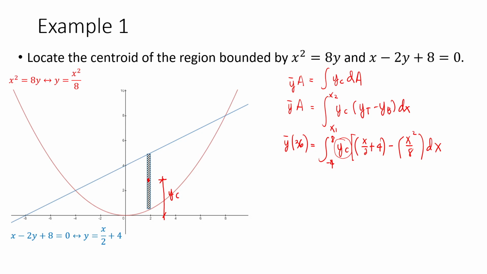In order for this to become, the equation is in terms of x already, right? What I meant is, for example, the y top has an x component, and the y bottom also has an x. So your y sub c should also become an x variable in the solution.